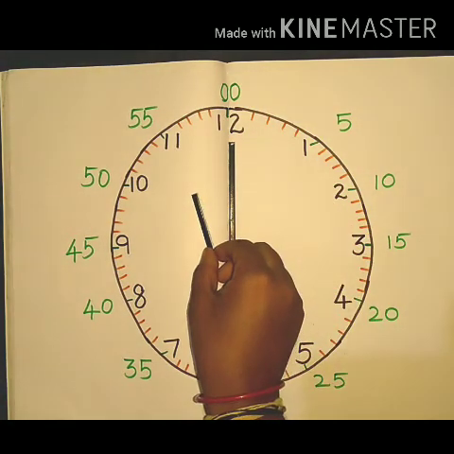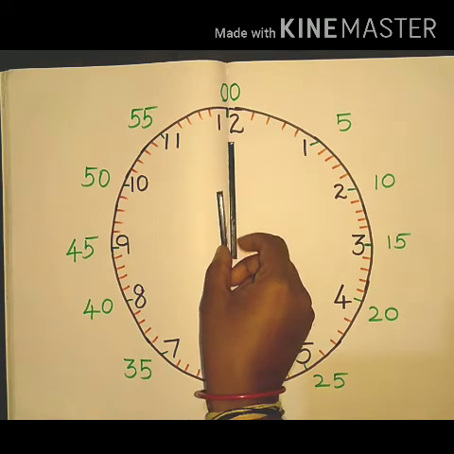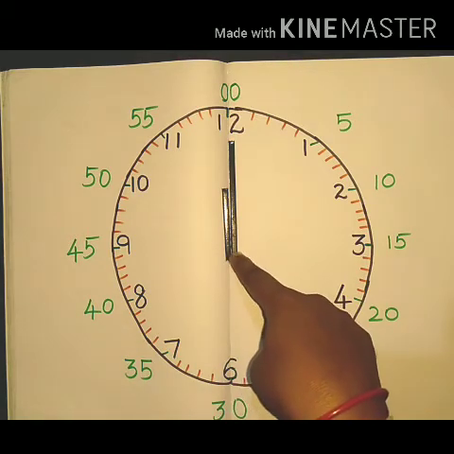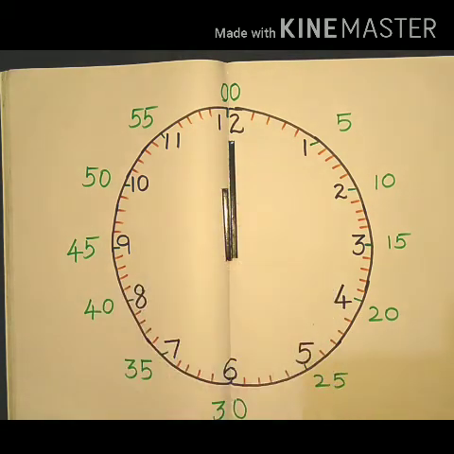If the minute hand and hour hand are pointed in the same direction, directly towards 12, the time is 12 o'clock. Students, it's clear, no?